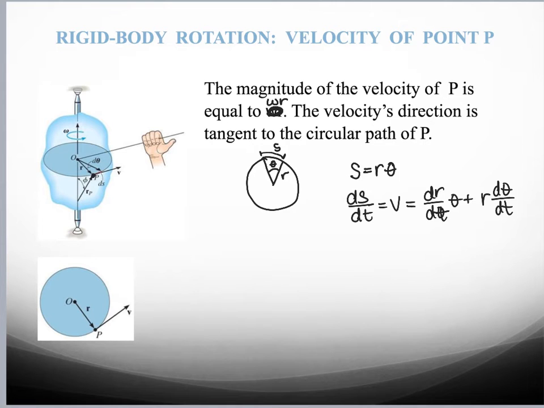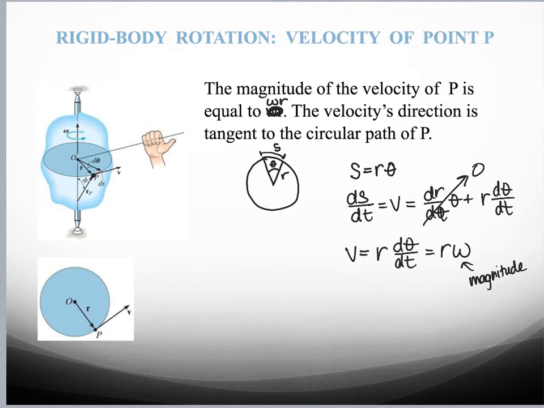Now, of course, the first term is 0 because our radius isn't changing. So the velocity is equal to r d theta dt, which is equal to r omega. So that's where that relationship comes from. Sort of upping our game a little bit, if we want to talk about more, this is the magnitude of how big it is.